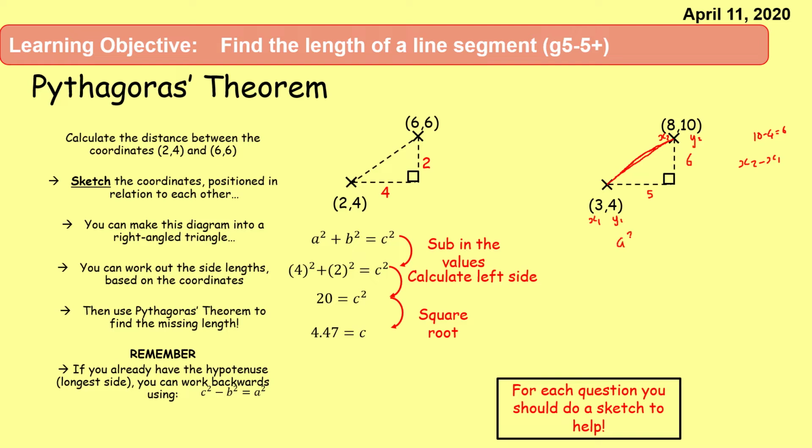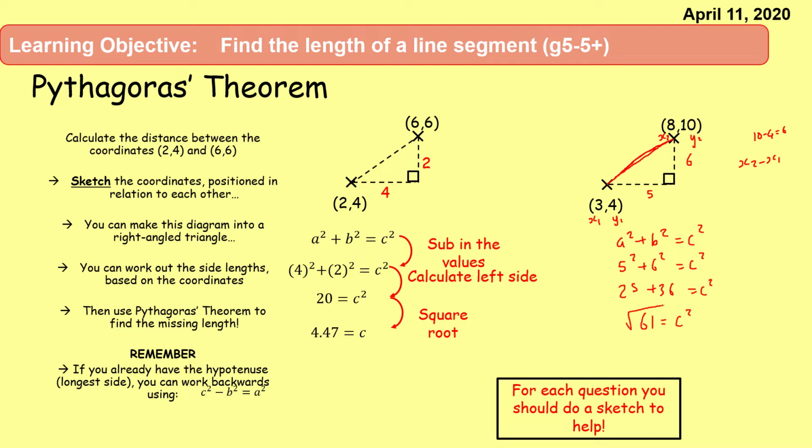So you know it's a squared plus b squared equals c squared. So you can have 5 squared plus 6 squared equals c squared. So we're going to get 25 add 36 equals c squared. That's 61 equals c squared.